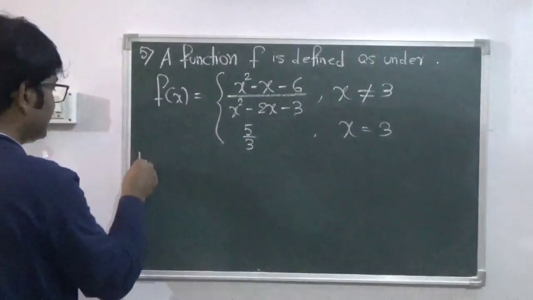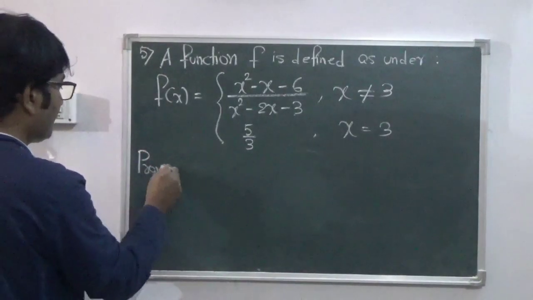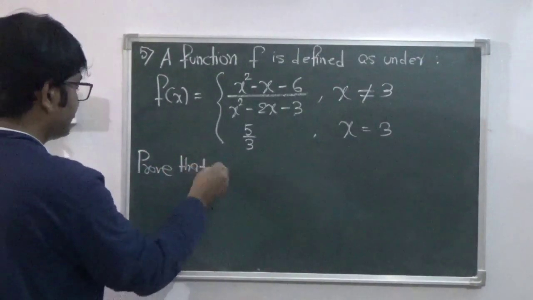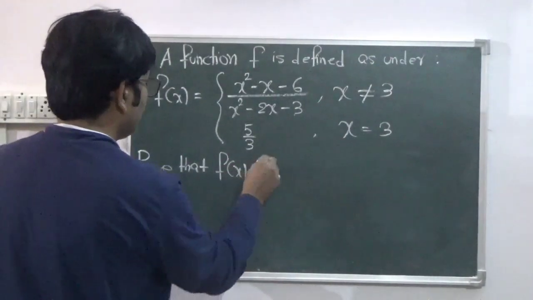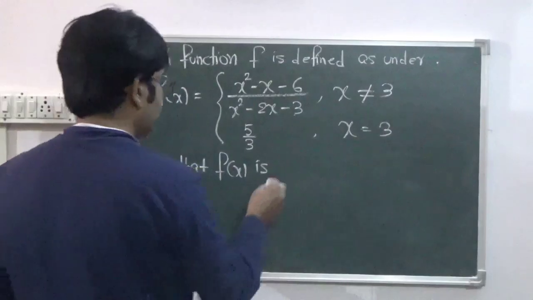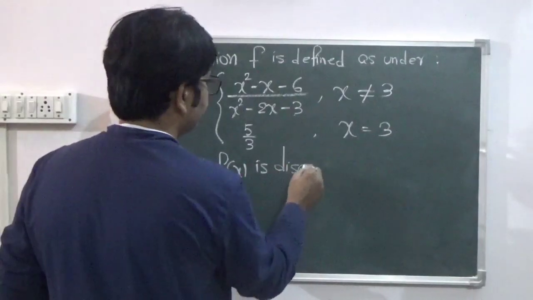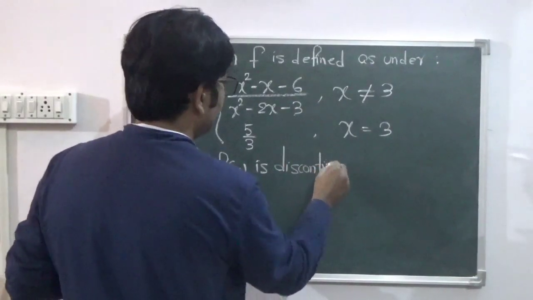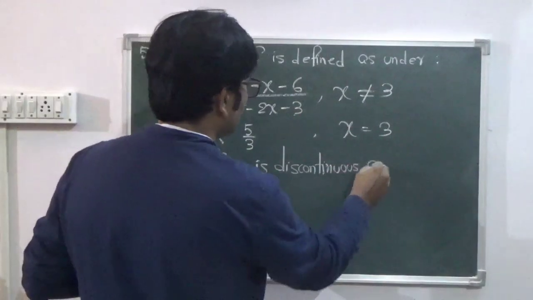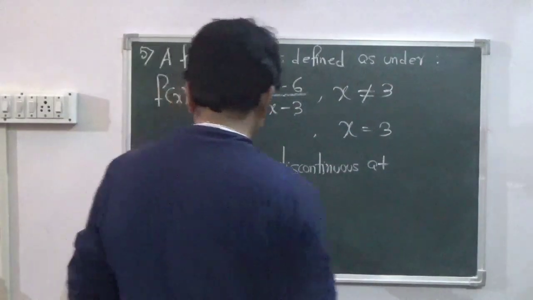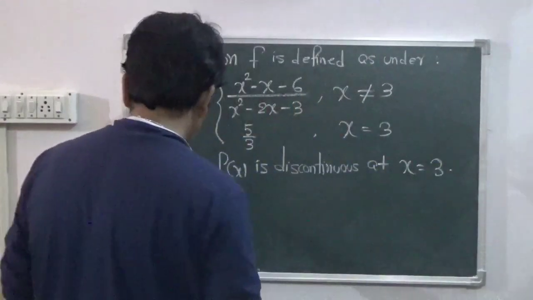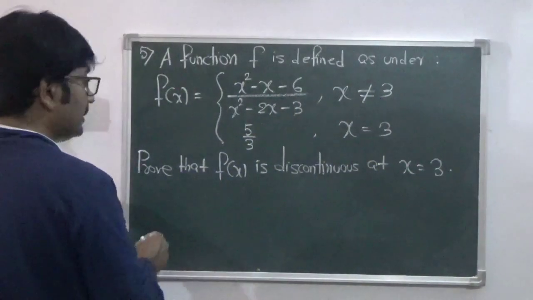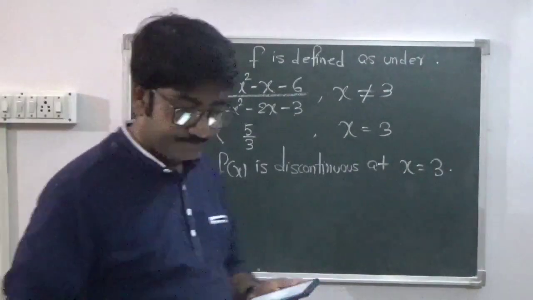Now the question is, prove that f(x) is discontinuous at x equals 3. So this is what you have to check.